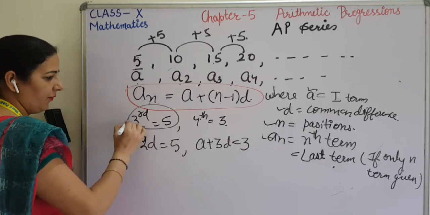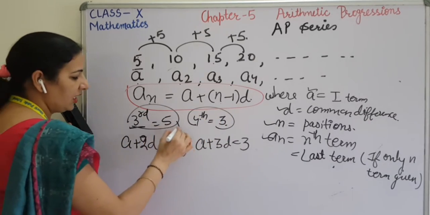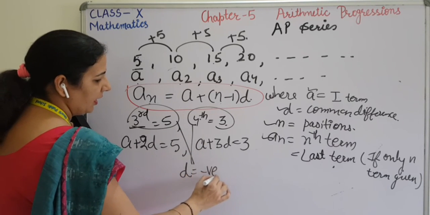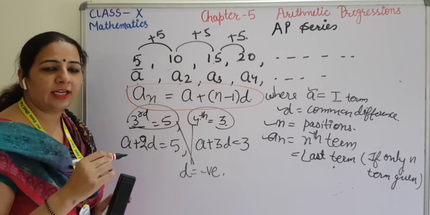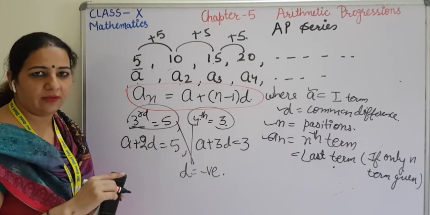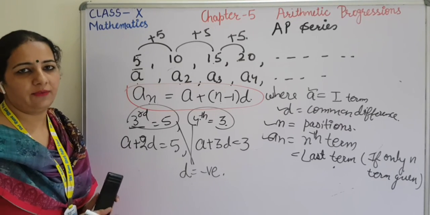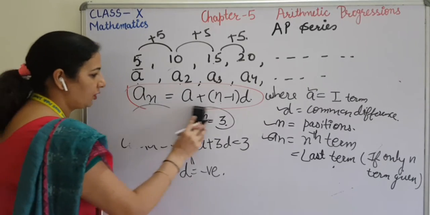The third term is 5 and the next term is 3. So it means, just because of that, D was negative here. If the terms come in increasing order, it means D is positive. If they are in decreasing order, it means D is negative. It all depends on the value of D, whether it is negative or positive.